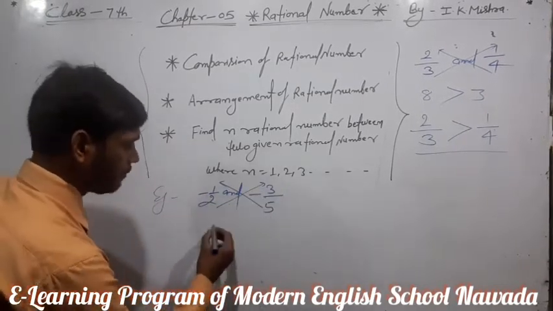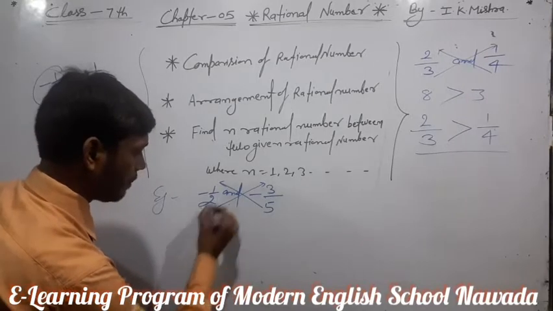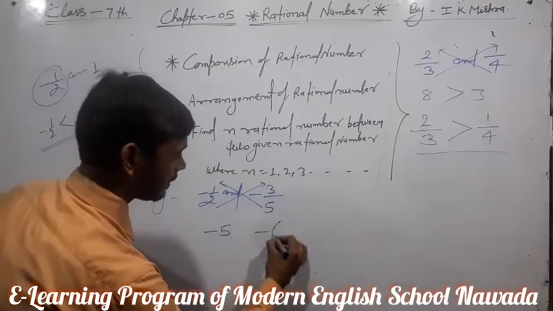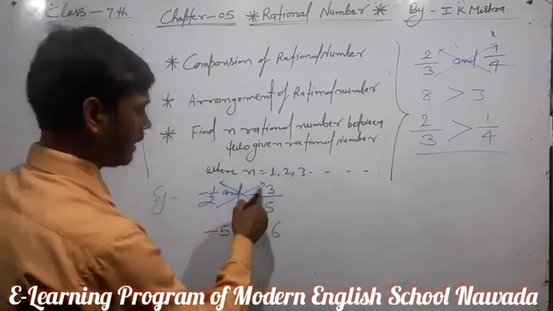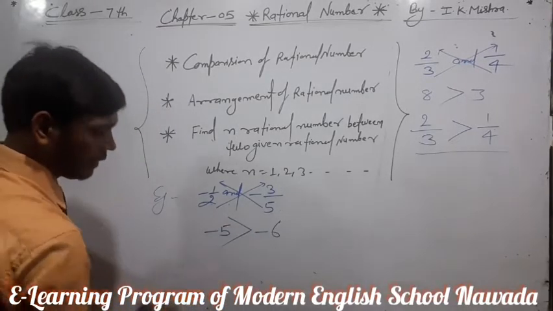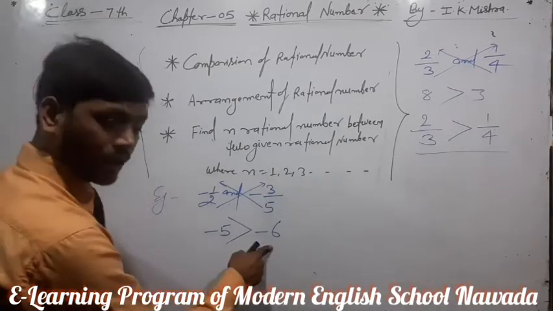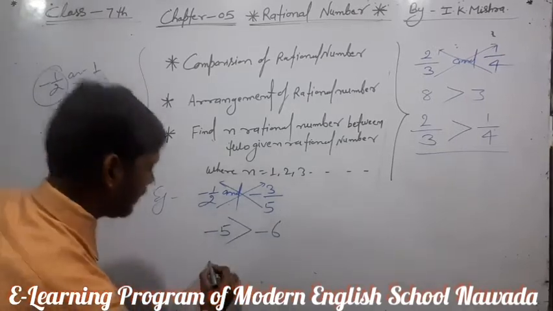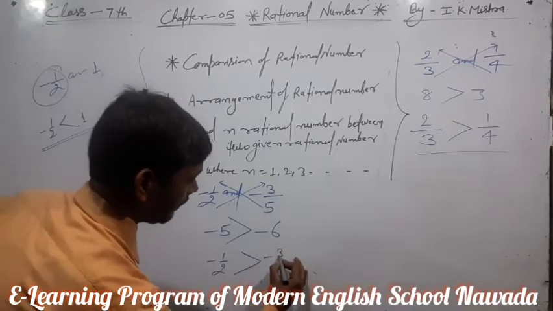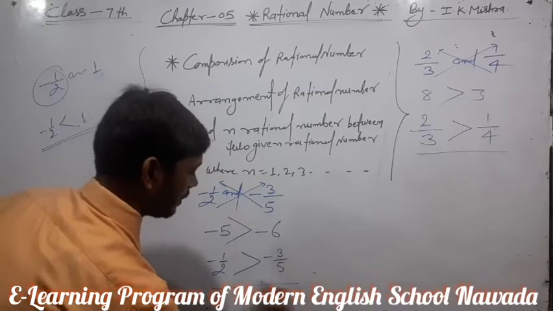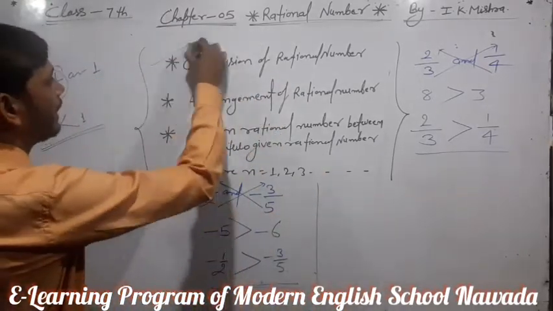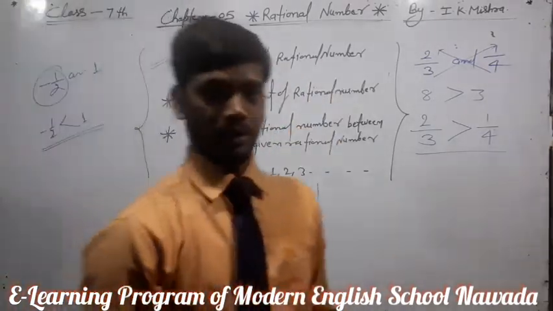When you multiply, you get minus 5 and minus 6. Here minus 3 and minus 5. Observe that this rational number is greater and this is smaller. That means minus 1 by 2 is greater than minus 3 by 5. Students, clear? Here the first topic, comparison of rational numbers, is completed.